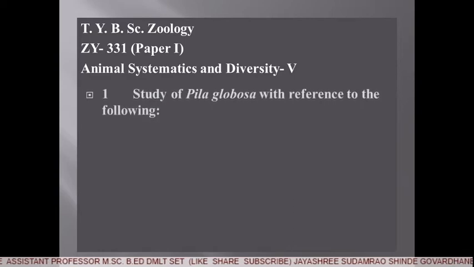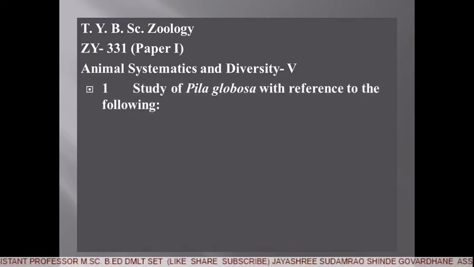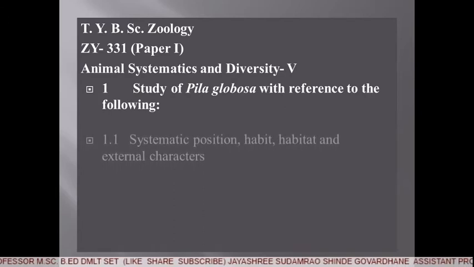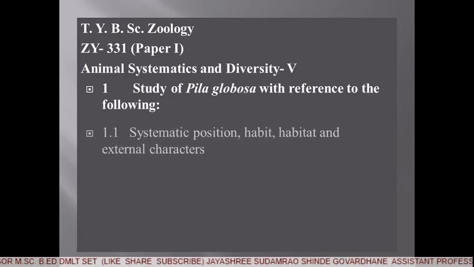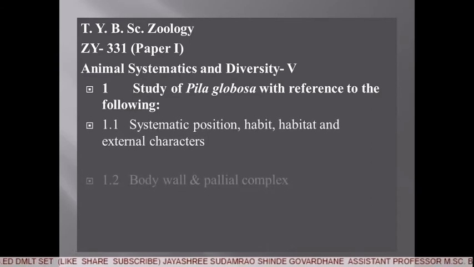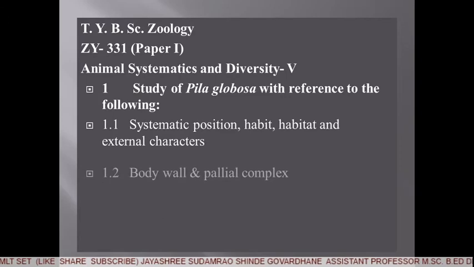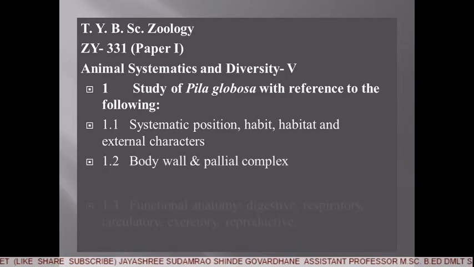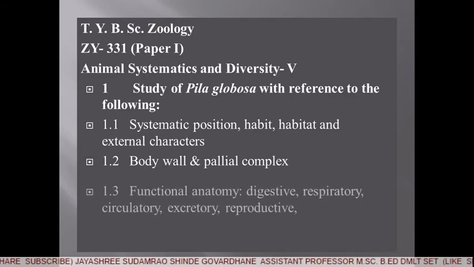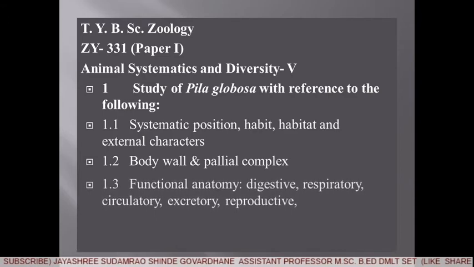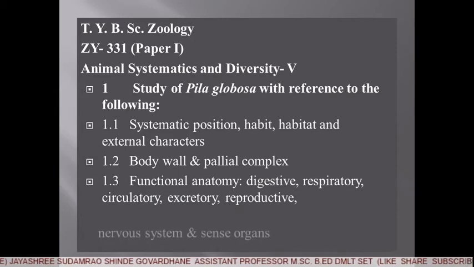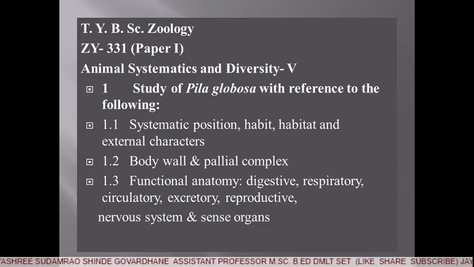The first chapter is the study of Pila globosa with reference to the following. 1.1 is systematic position, habit, habitat and external characters. 1.2 is body wall and pallial complex. 1.3 is functional anatomy: digestive, respiratory, circulatory, excretory, reproductive, nervous system and sense organs.